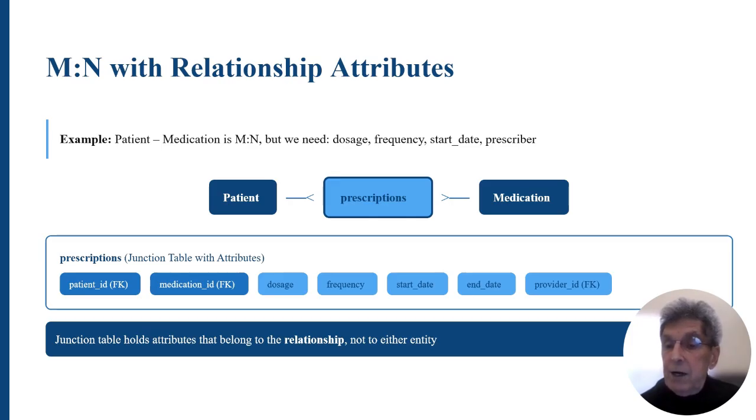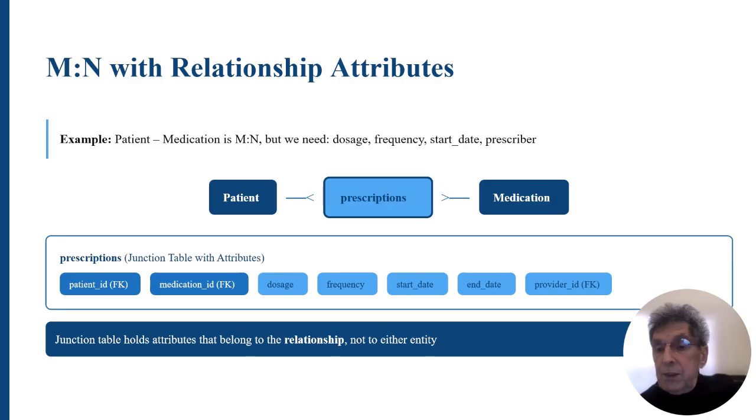This information doesn't belong to the patient. Patients don't have an inherent dosage. It doesn't belong to the medication. Metformin doesn't have one frequency. It belongs to the relationship: this specific prescription for this patient for this medication. The junction table holds these relationship attributes. The prescription table becomes prescription ID as the primary key, patient ID as a foreign key, medication ID as a foreign key, and provider ID as a foreign key.